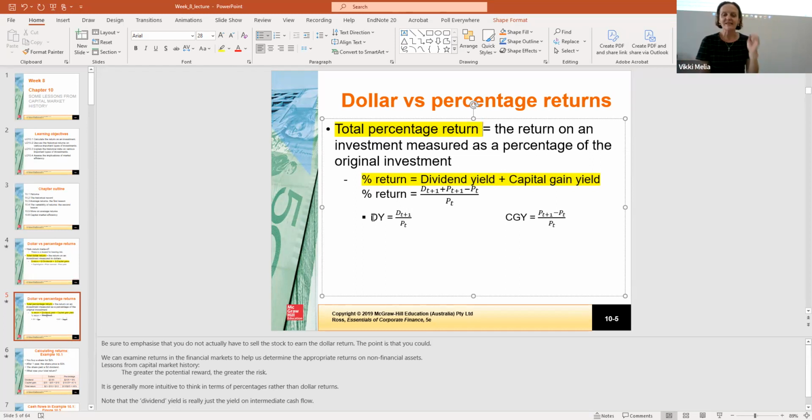So the dividend yield, which is what this DY means here, is calculated as the dividend at time t plus 1 divided by the price at time t.